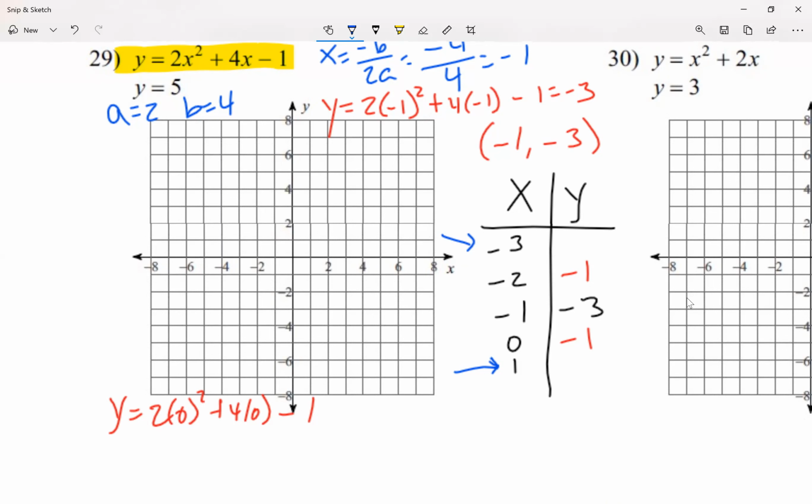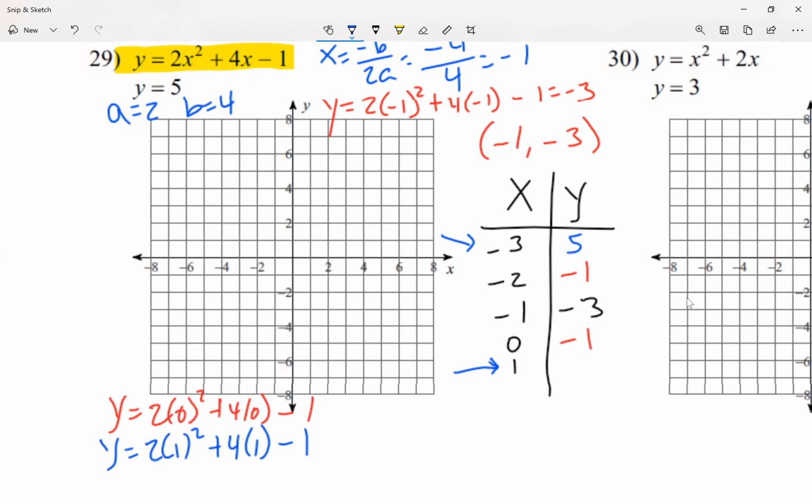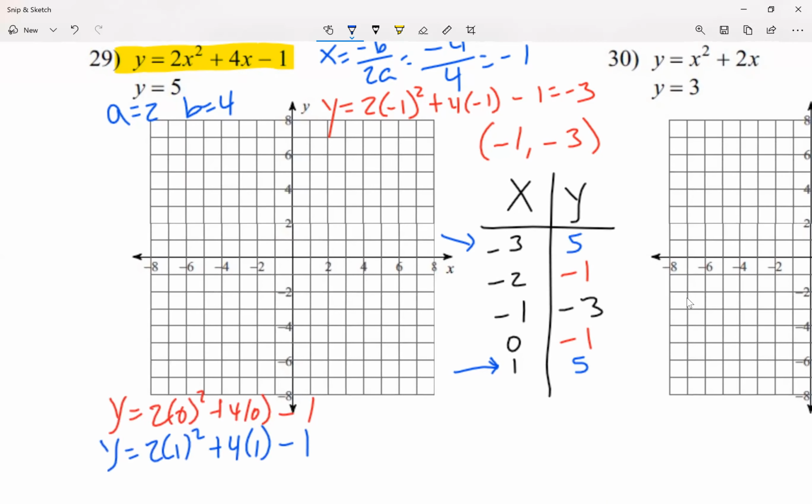So let me use the equation: y is equal to 2 times 1 squared plus 4 times 1 minus 1. And then I get 2 plus 4 minus 1, it's 5.